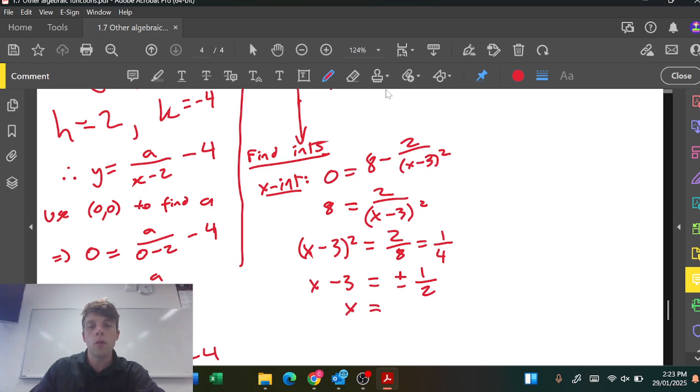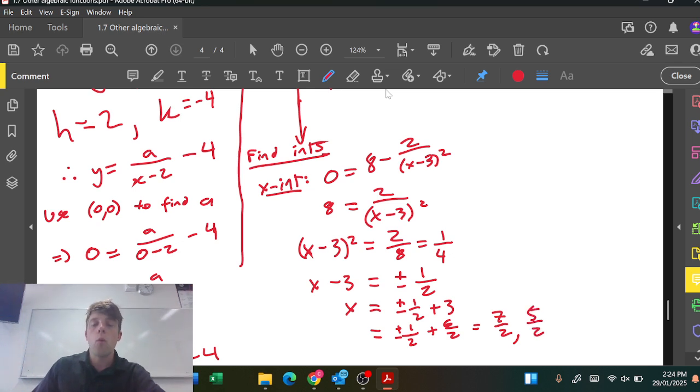So x is equal to plus or minus a half plus 3. If we make this one here have the same denominator, let's say plus or minus a half plus 6 over 2, that's going to be equal to 7 over 2. And if this is negative, we have 5 over 2.